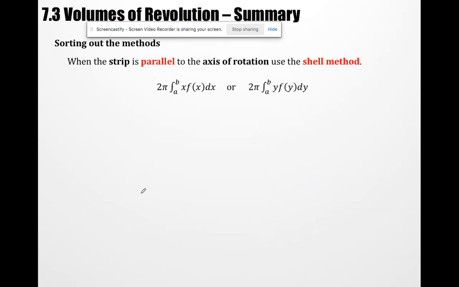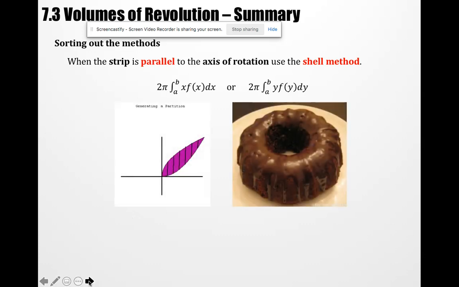When your strip is parallel to the actual axis of rotation, shell method. Right, so in this case, my axis of rotation is the y-axis. My strip is parallel to the y-axis and perpendicular to the x-axis. That's dx.